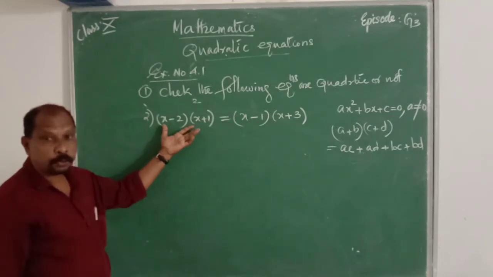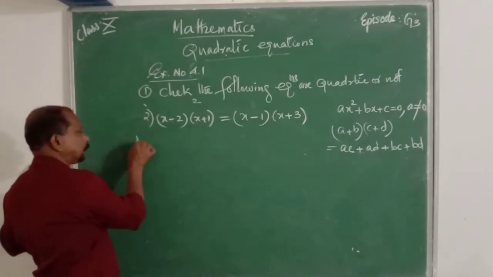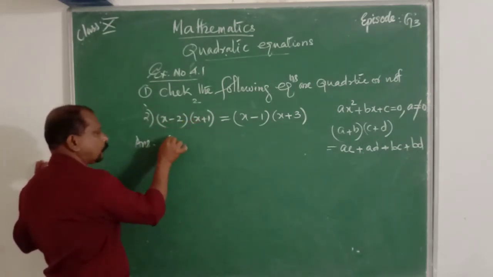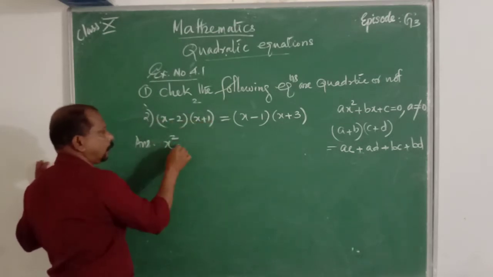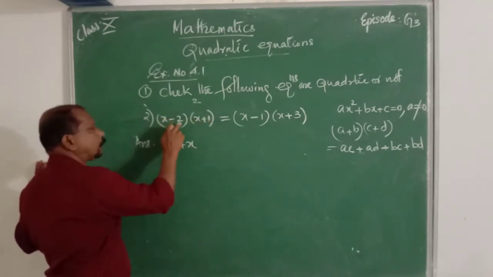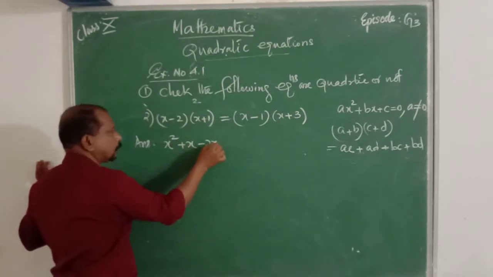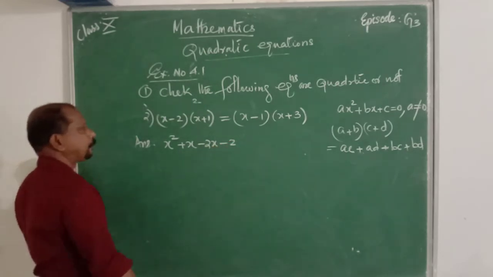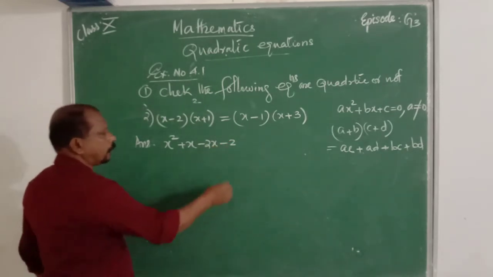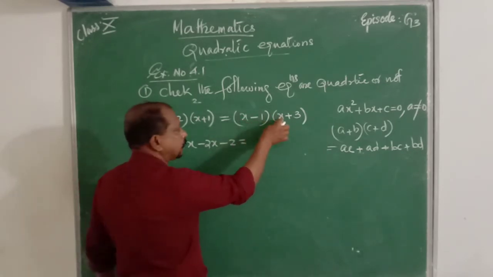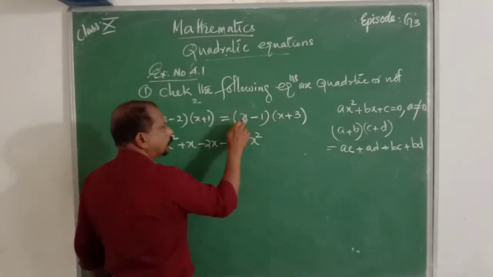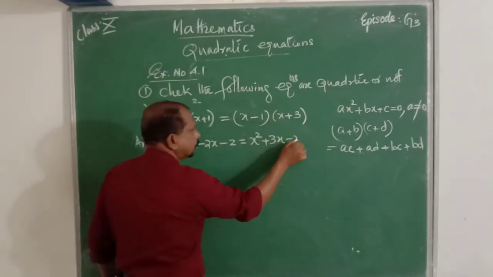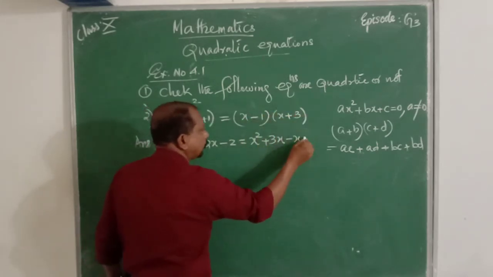The answer is: x into x, that is x square; x into 1, that is x; minus 2 into x, minus 2x; minus 2 into 1, that is minus 2. Similarly, on the right side, x into x, x square; x into 3, 3x; minus 1 into x, minus x; minus 1 into 3, minus 3.